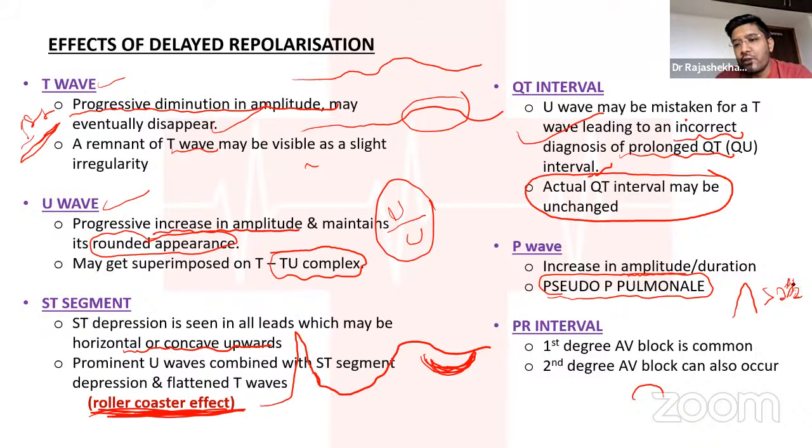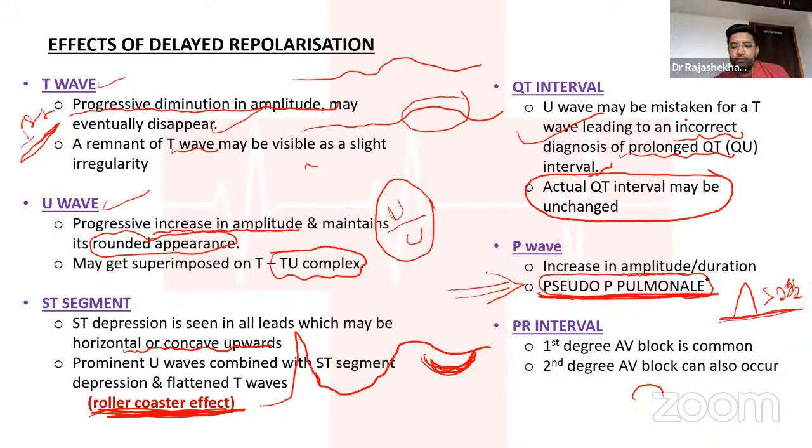Sometimes, if you see the ECG, there is P pulmonale, but when you evaluate the patient, no other cause in the respiratory system is found; then it is called pseudo P pulmonale. It's a very common manifestation in hypokalemia. This question was asked in my PG entrance in 2015. The pseudo P pulmonale is seen in?